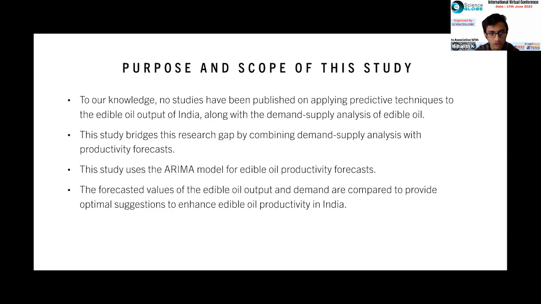One more thing, we use the ARIMA model to produce accurate forecasts of edible oil productivity, and we also forecast the edible oil demand using the ARIMA model, and we compare both and provide some suggestions to enhance the oilseed productivity in India. And let's see how we have done that.